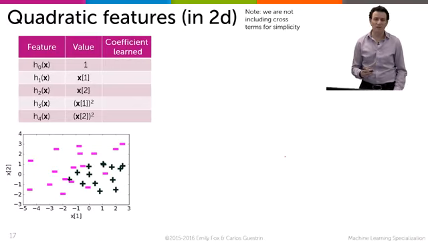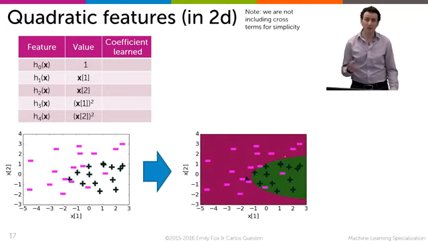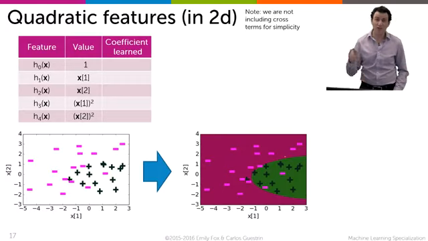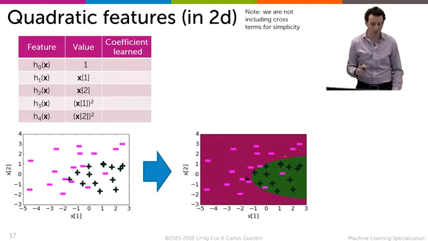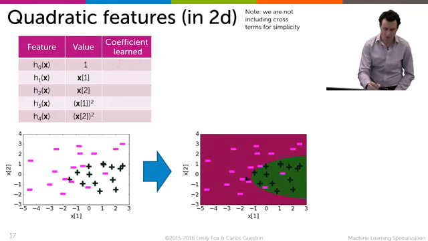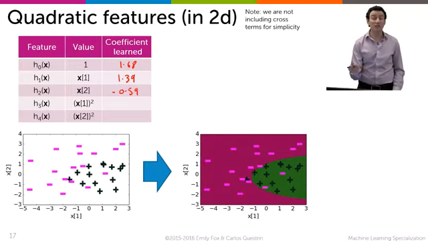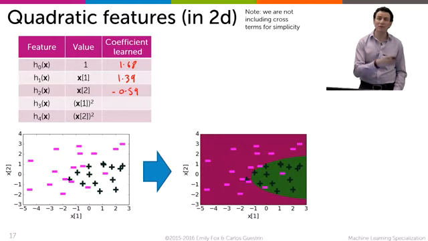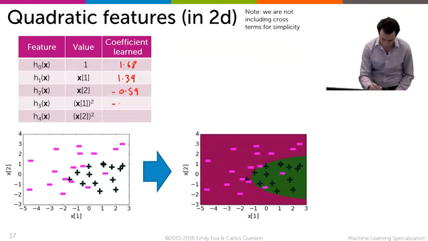If I learn a classifier on the same data, I get a really cool decision boundary. When I project it into this two-dimensional space, it becomes this curved parabola. The coefficient of the constant becomes 1.68, x1 is 1.39, and x2 is minus 0.59. Note that these numbers are different from the previous slide because the parameters are all updated simultaneously with the quadratic terms. Here the quadratic terms become minus 0.17 and minus 0.96.